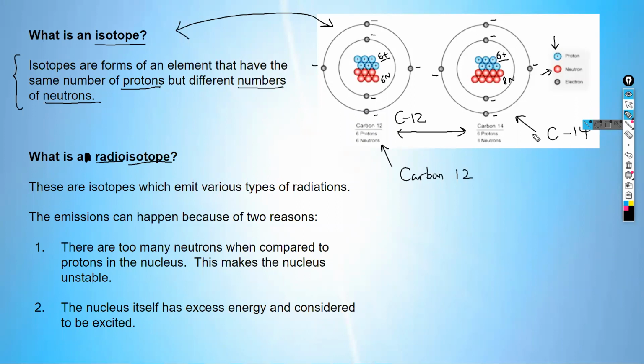Sometimes we have atoms. Let's look at carbon 12. Carbon 12 is what I consider to be a happy atom, meaning that he's comfortable with who he is. Let's look at his structure. He has 6 protons, 6 neutrons, and 6 electrons.